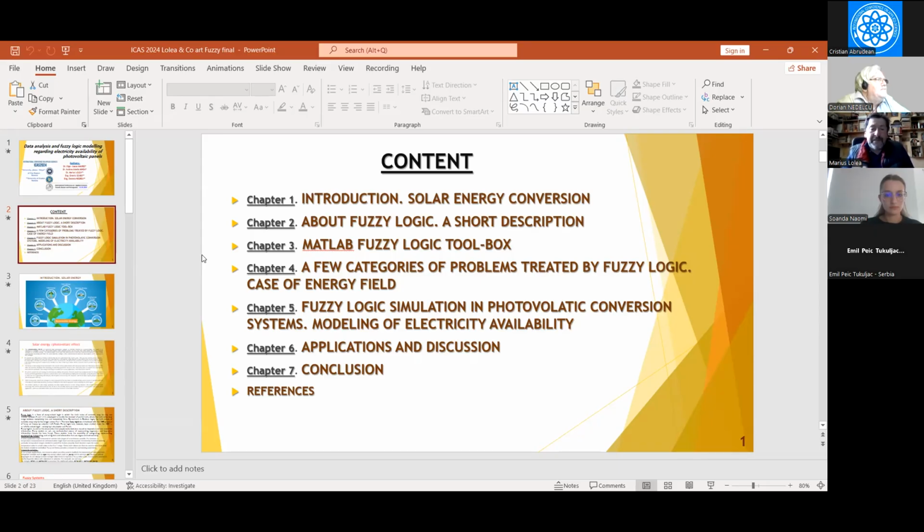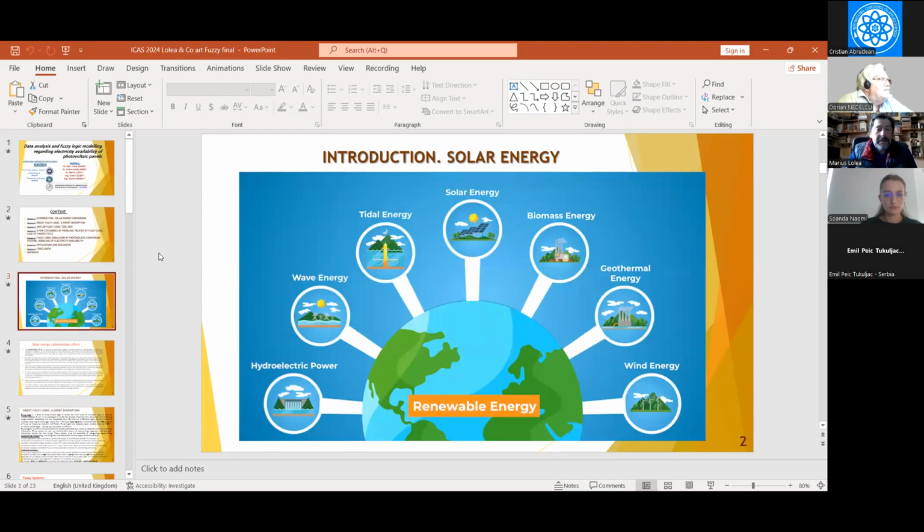As you can see, chapters 2, 3, 4, 5, 6, 7, 8, and of course in the last the references. The structure of the paper refers to solar energy and the way to improve the extraction from the solar energy in nature.